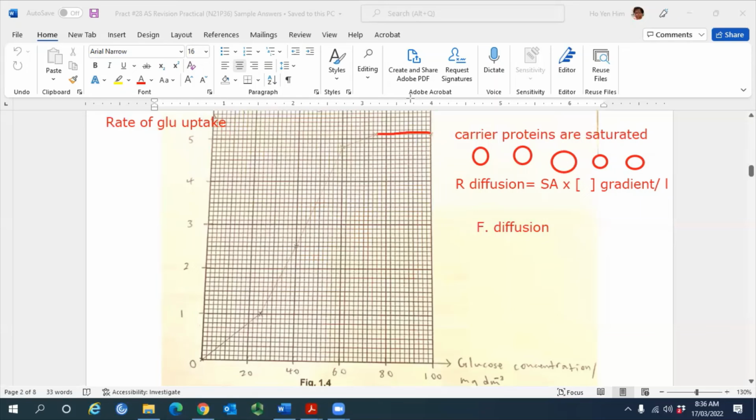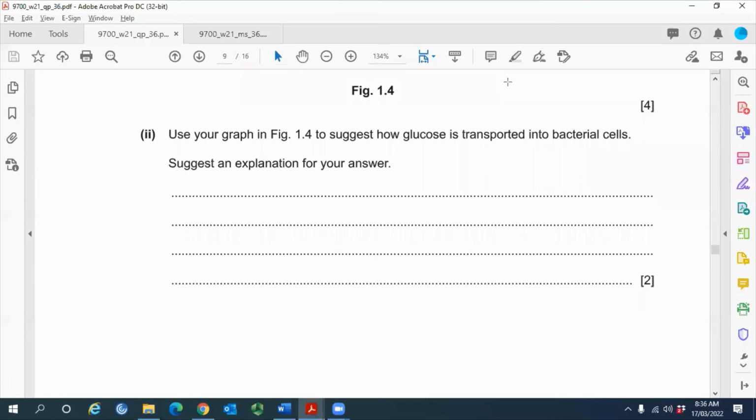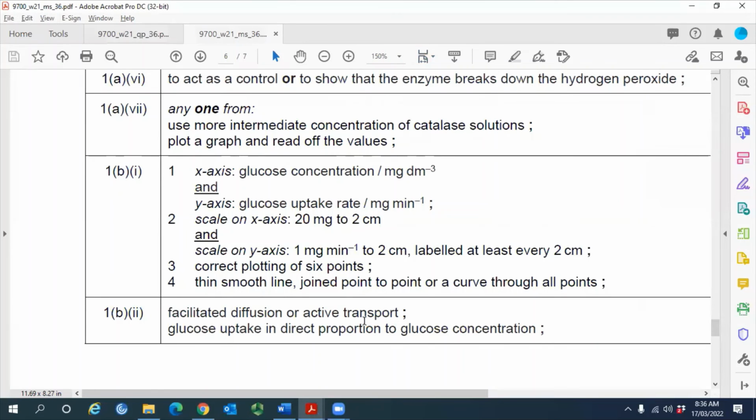So the answer is already given to you. You want to read the mark scheme answer just to verify. Okay, they accept facilitated diffusion or active transport. Glucose uptake is directly proportional to glucose concentration.